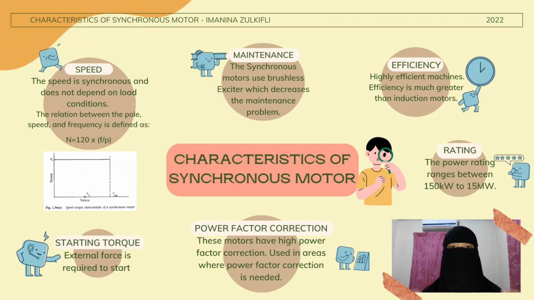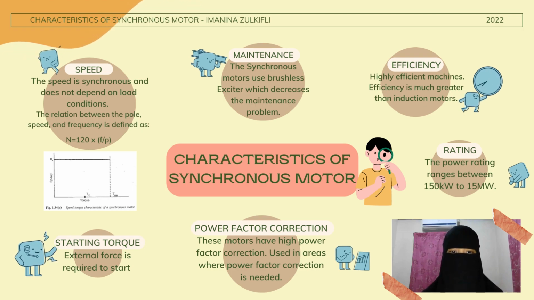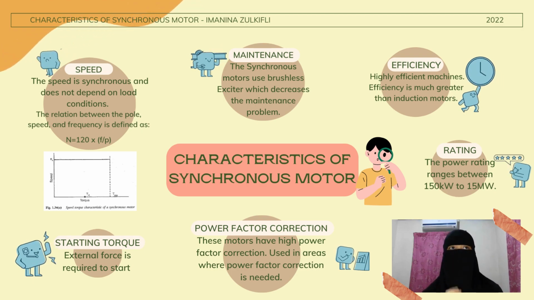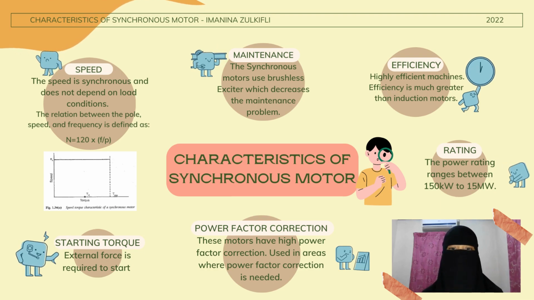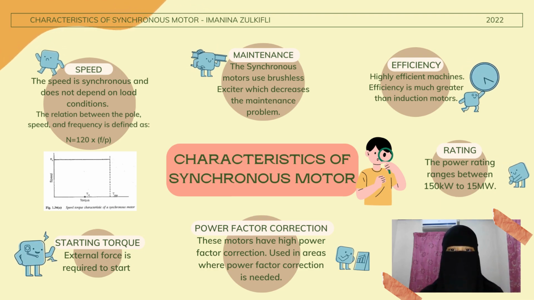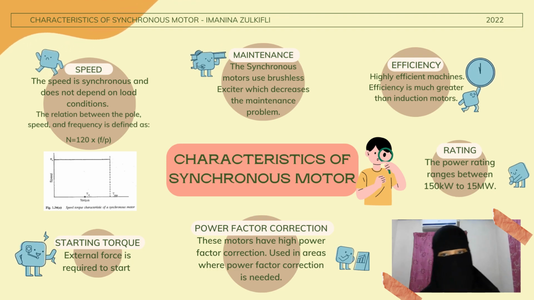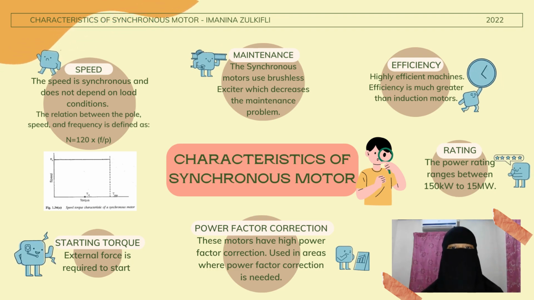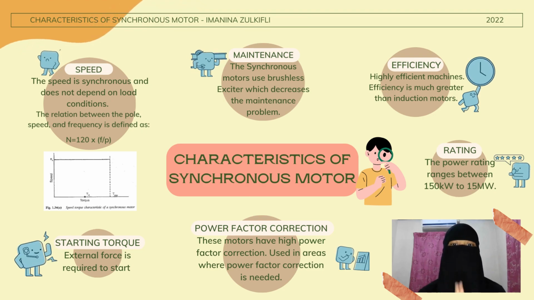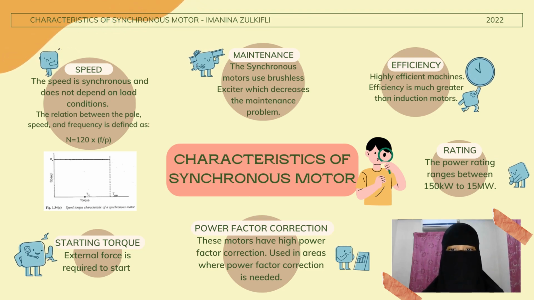And lastly, number 6, power factor correction. The synchronous motor is capable of being operated under a wide range of power factors, both lagging and leading. So, these motors have high power factor correction.